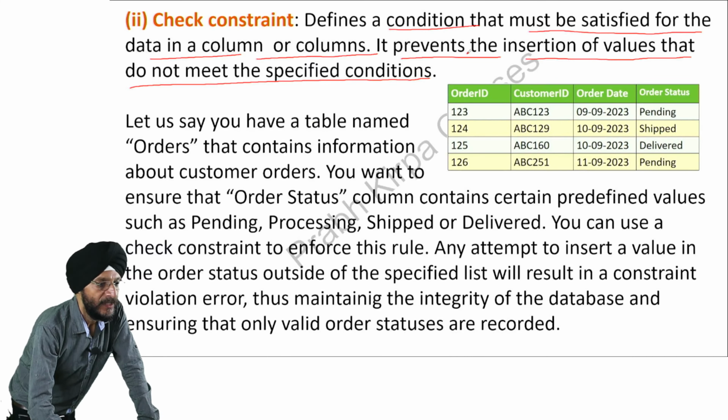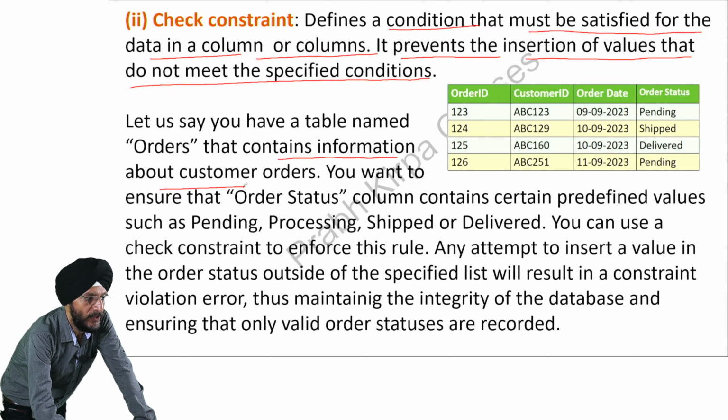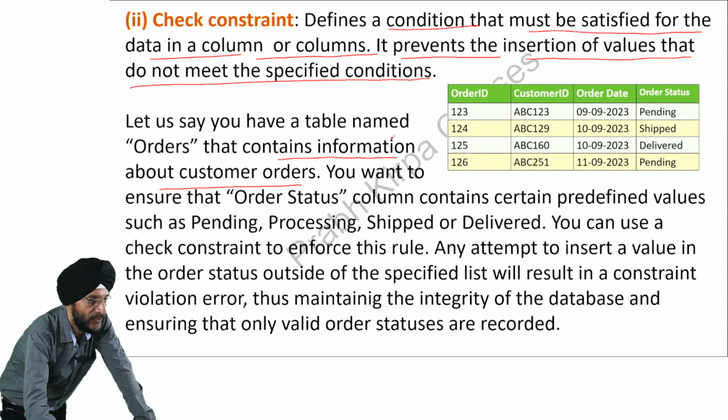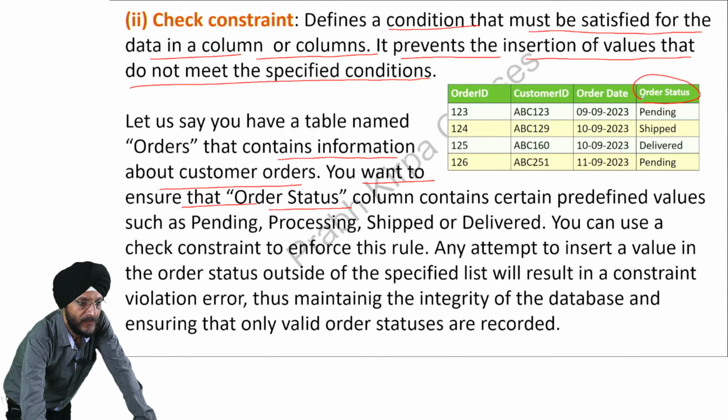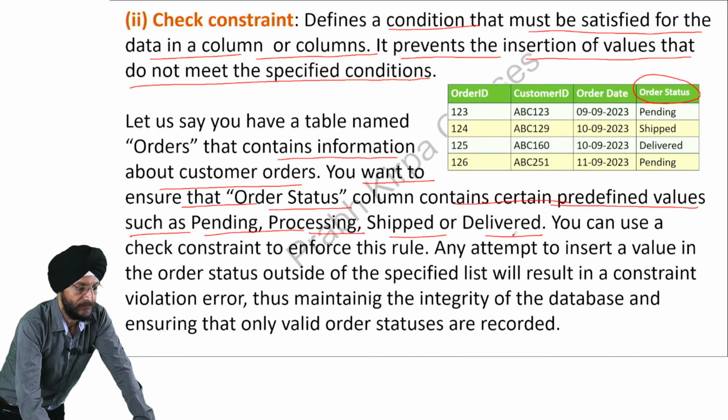Suppose you have an orders table with you. Now this table contains information about customers' orders which are placed by the customer from time to time. You want to ensure that the order status column contains certain predefined values such as pending, processing, shipped or delivered.